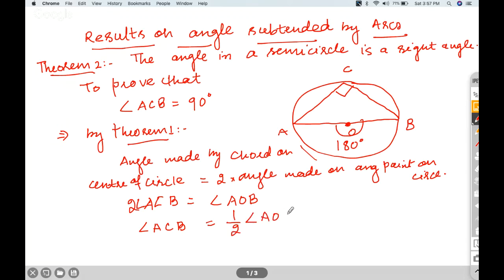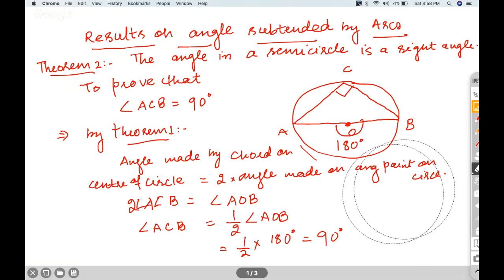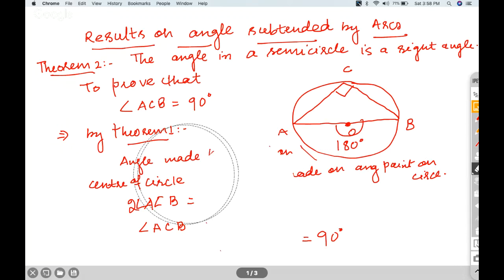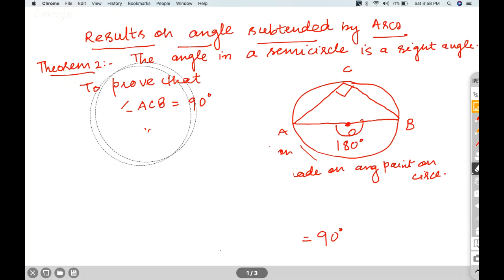And angle AOB is equal to 180 degrees. So 1 by 2 into 180 degrees is equal to 90 degrees. So this is how we prove that the angle made in a semicircle is 90 degrees.